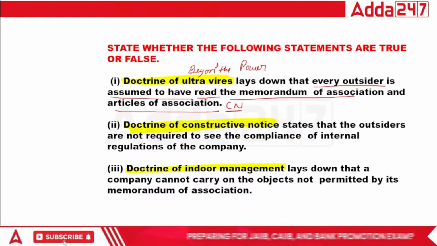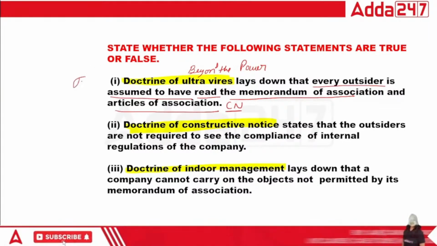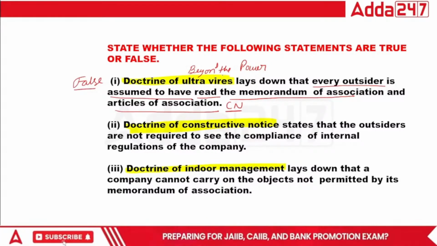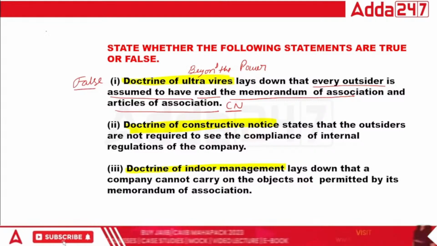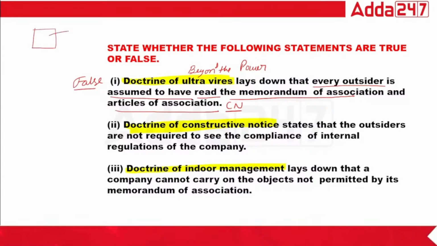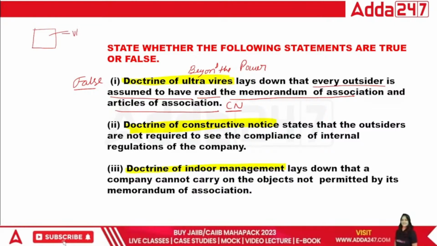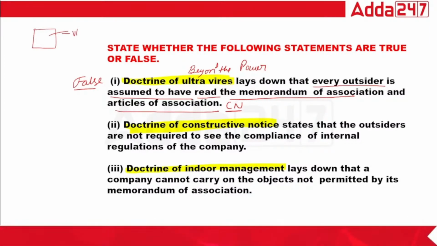So that's why this is absolutely false, because ultra vires means basically beyond the power. Suppose the memorandum of association is there and the company goes beyond the memorandum of association, so that act will be ultra vires. So what is ultra vires? Beyond the power, and that act will be called void.